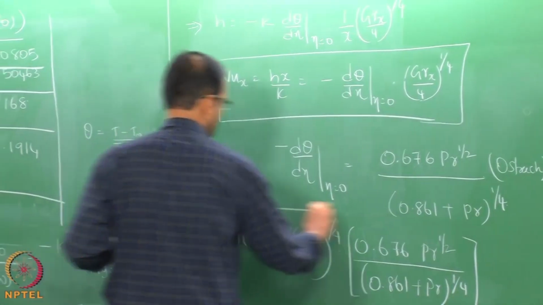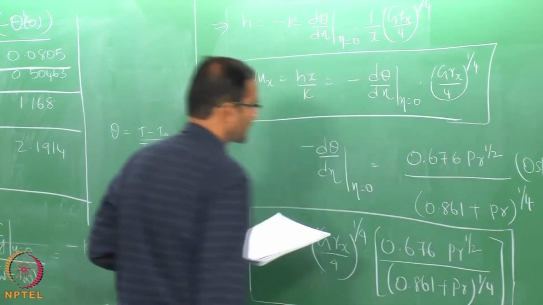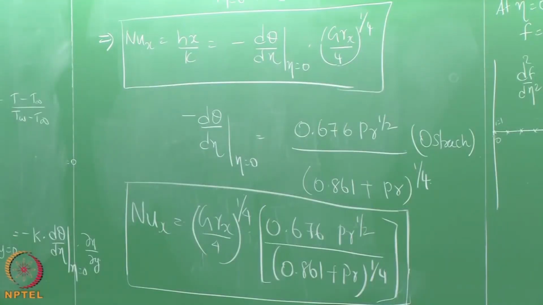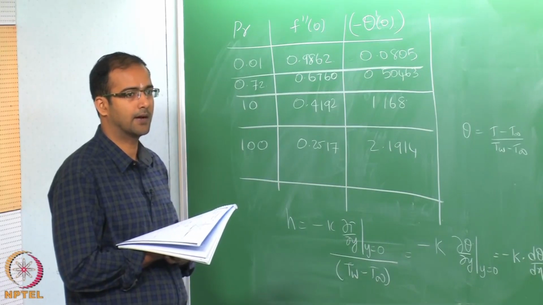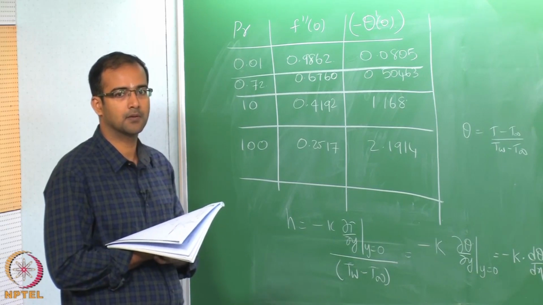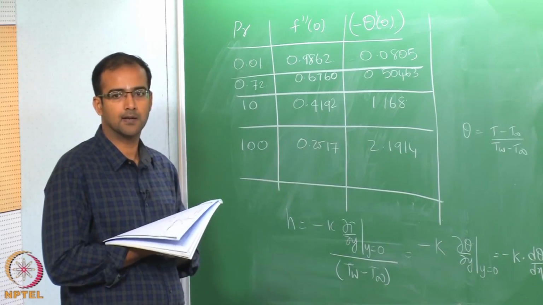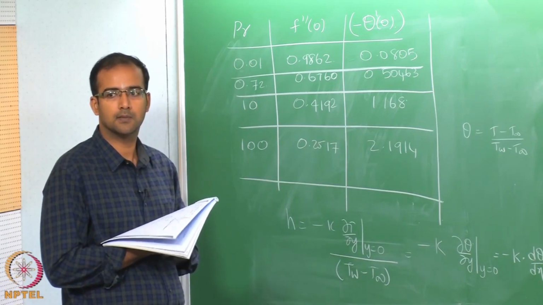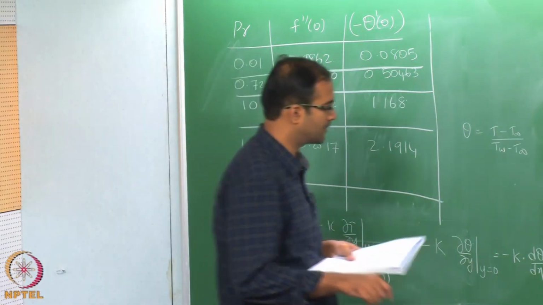This is your exact solution. Okay. So, unlike the case of the classical Pohlhausen equation where you have 0.332 times Re to the power half Prandtl number to the power 1/3, now you have a more complex dependence on Prandtl number, and instead of Reynolds number you have Grashof number. Okay. So, this is how the Nusselt number varies.